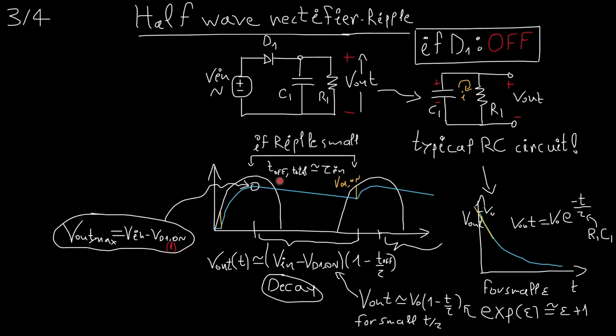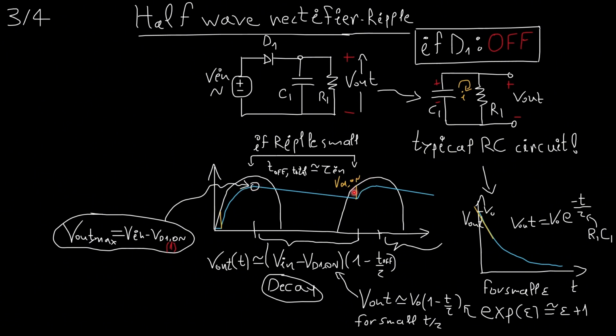And if the ripple is small enough, because we actually want small ripples, the time that the diode is off is going to be equal to tau in, the period of the input signal. Why? The time from here all the way to here, if the ripple is small enough, is going to be about the same as from here to here.